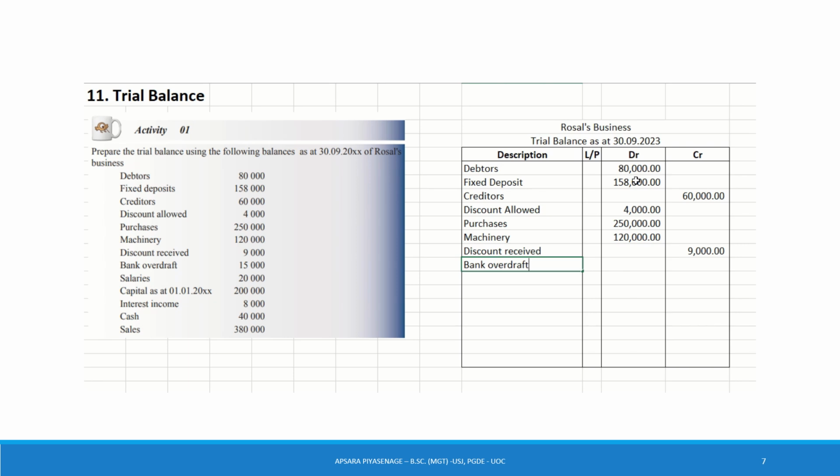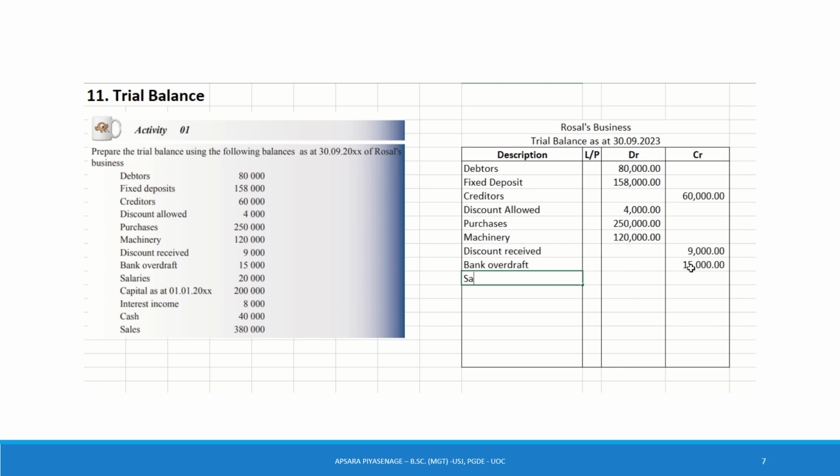So we have to settle this bank overdraft as early as possible. This is not a bank loan, but this is a liability, since we have issued checks for more than what we have in the account. That's a facility given by the bank to current account holders. So since this is a liability, it should come to the credit column.